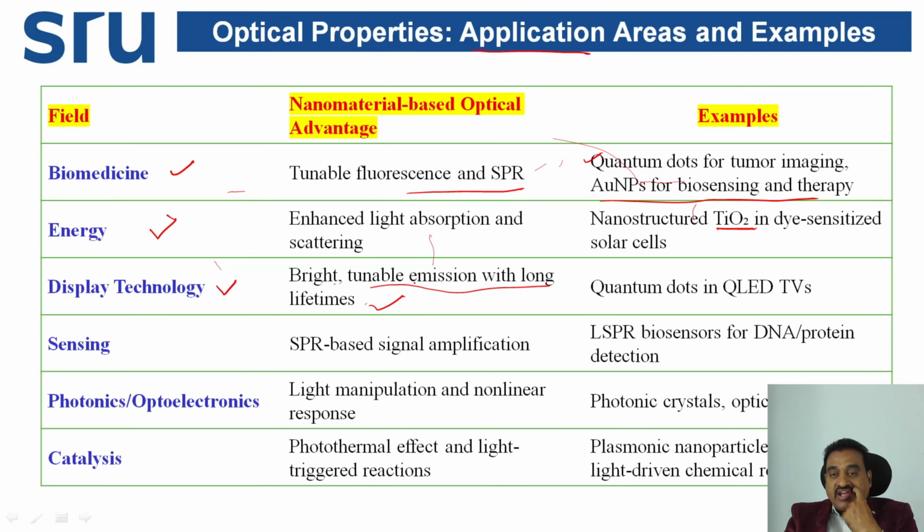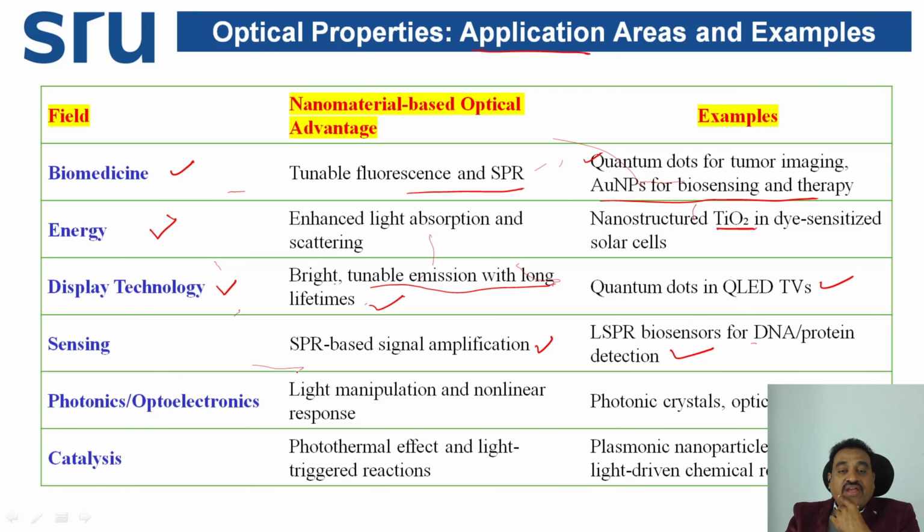Example: quantum dots in QLED TVs. Sensing field: SPR based signal amplification is the advantage. Example: LSPR biosensor for DNA or protein detection.